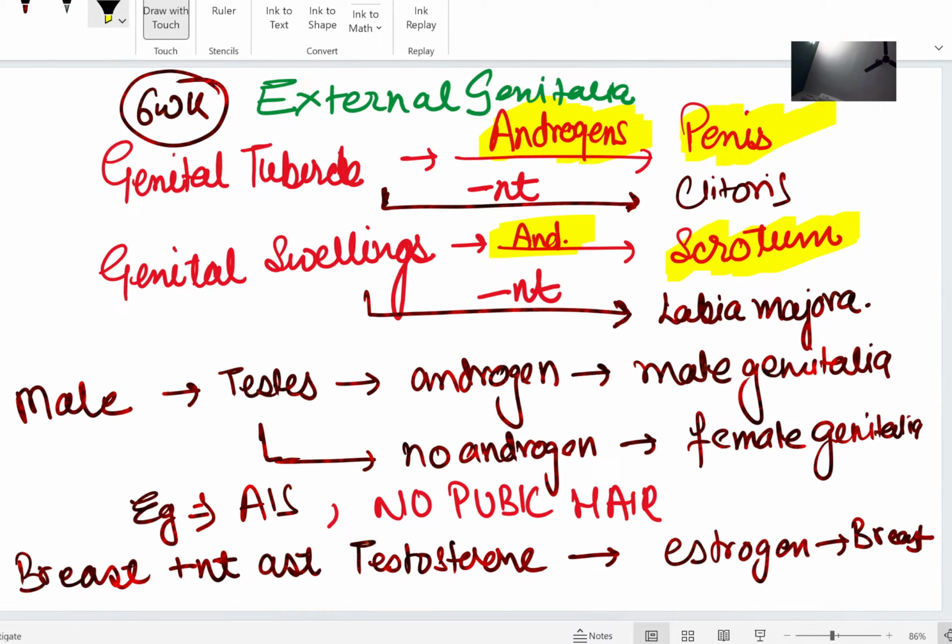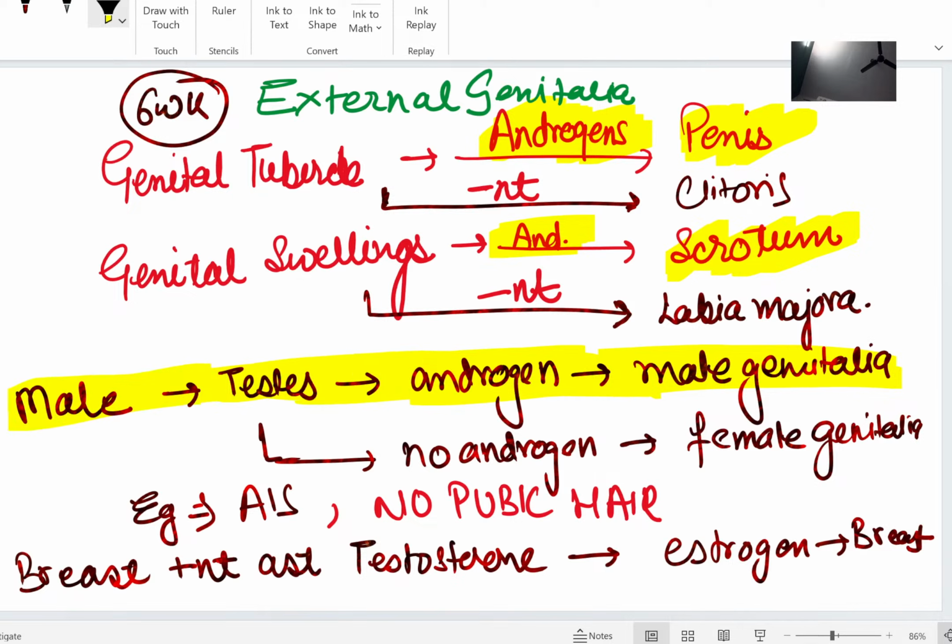So where are the androgens? Androgens are produced by the testes. So if the genotype is XY, then testes will be there and androgen will be there. Then male genitalia will be formed. This is somewhat normal, right?